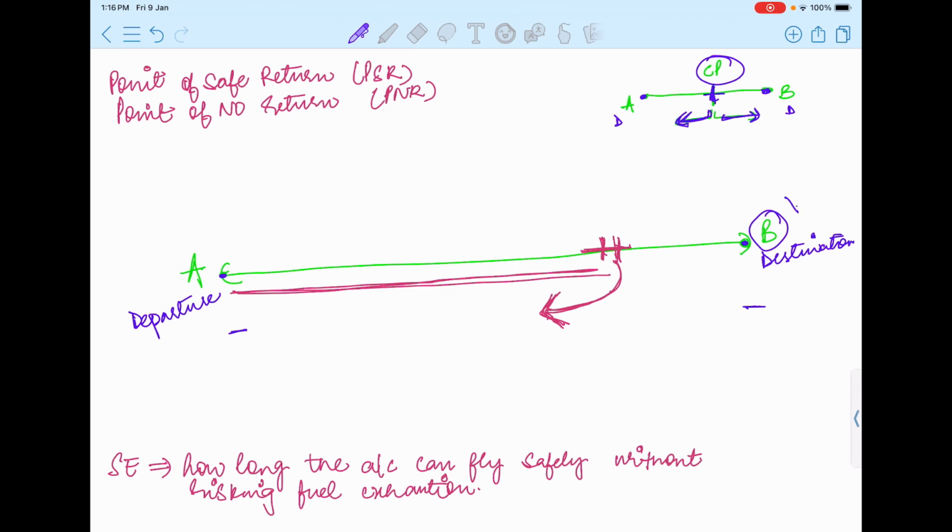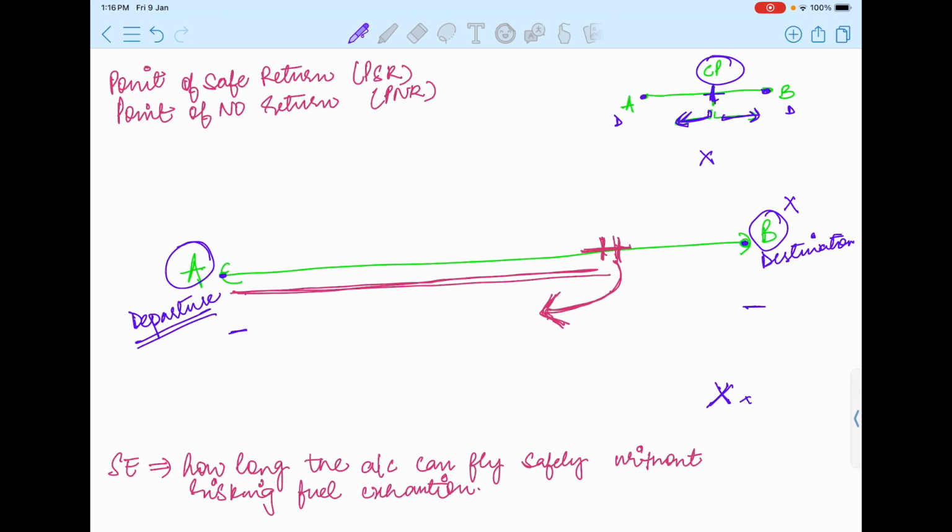So your destination aerodrome shut down, and your alternate aerodromes are also not available. Now the only option left for you is to return to your base, which is the departure aerodrome, and in this case it is A.